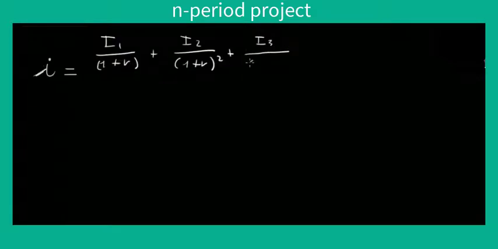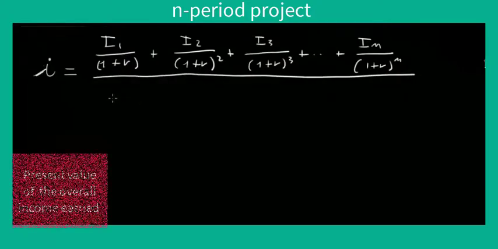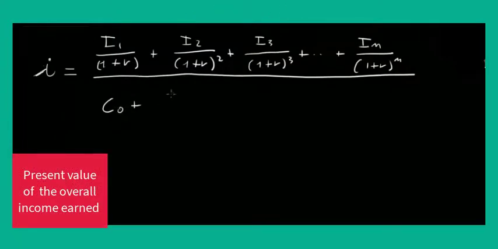So this is the present value of the third income, and so on, until we compute the present value of the last income. And this is the present value of all the incomes, divided by the present value of all the capitals invested.